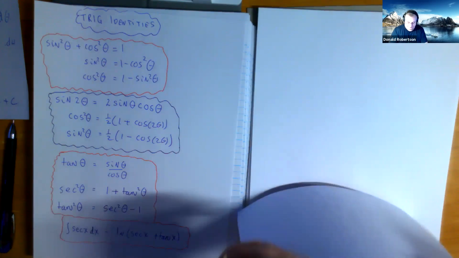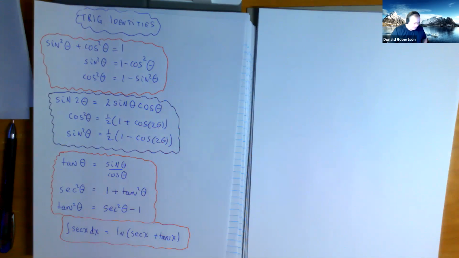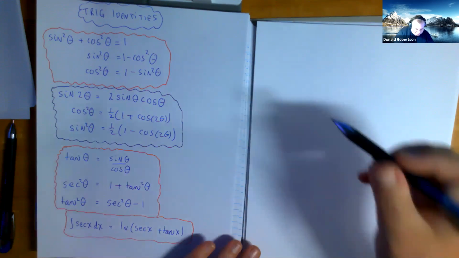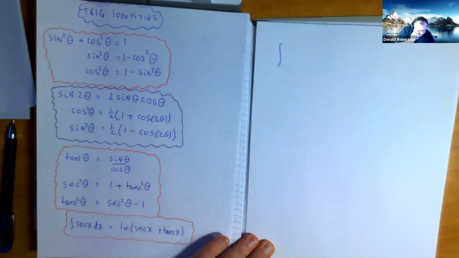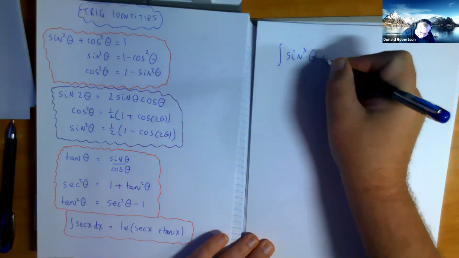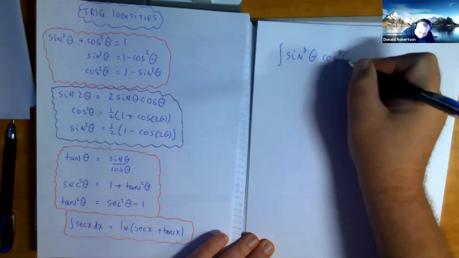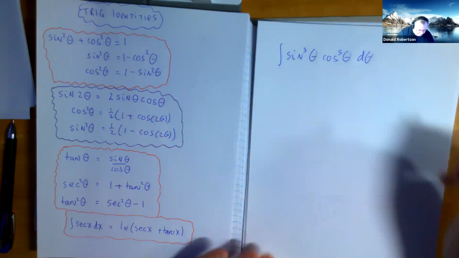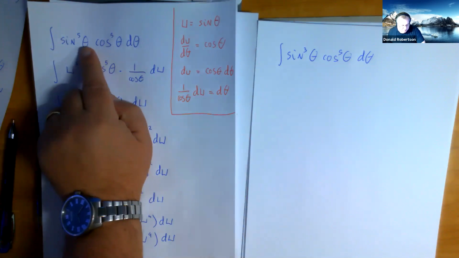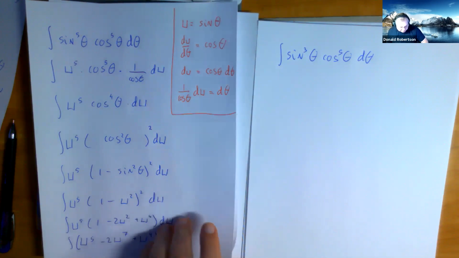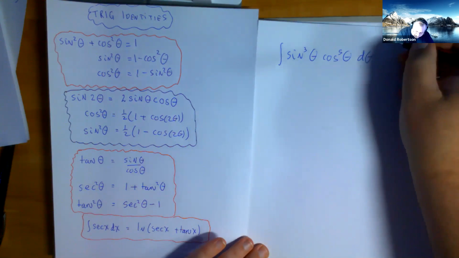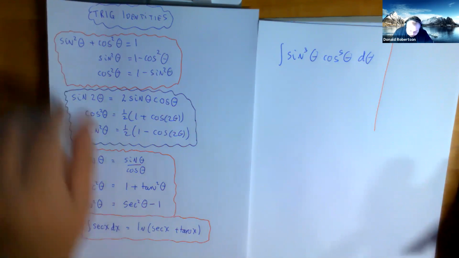Right, so let's try another combination of sines and cosines. How about this fella? Now, the only thing I did was make this 3 instead of 5. And the question becomes, which u sub?